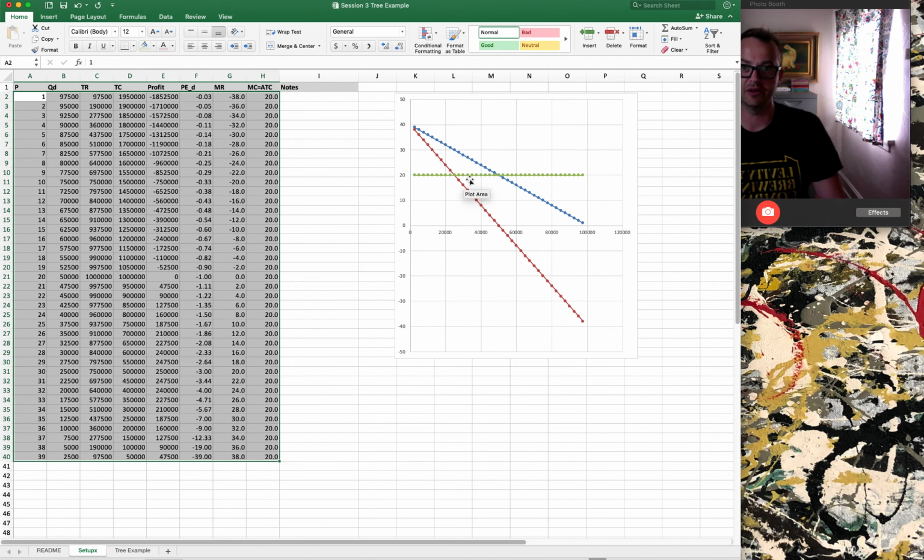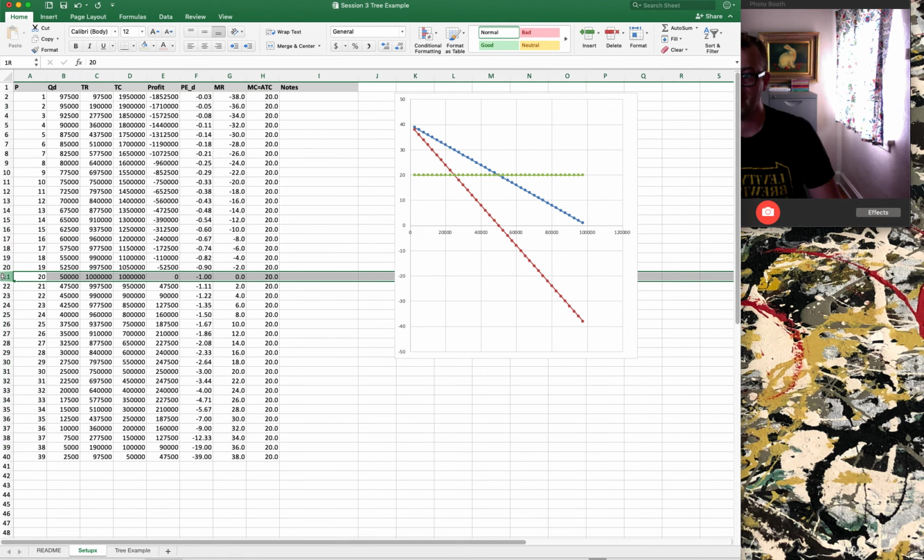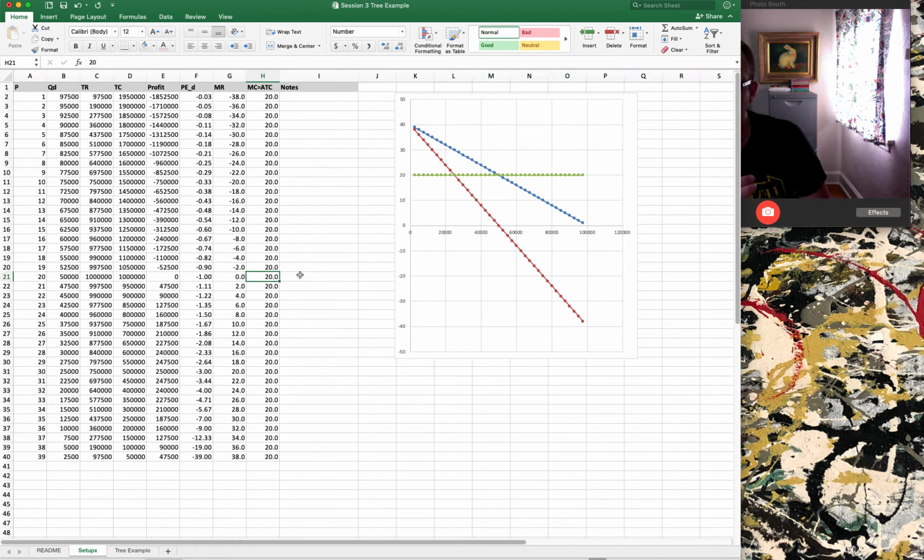So what's going on here? Well, here's my marginal revenues, here's my marginal costs. Where those two cross is actually where I'm maximizing profit. So that's at 20 and 20. Where marginal revenue and marginal cost is $20, that is right here.